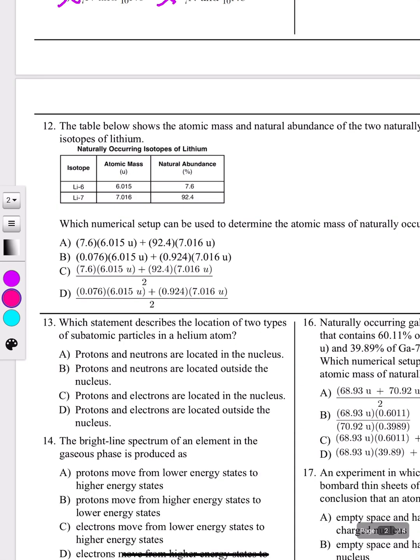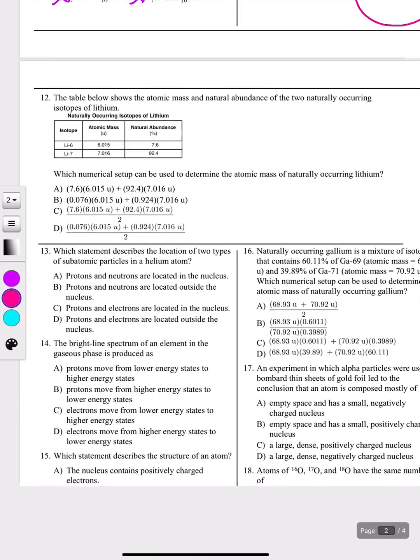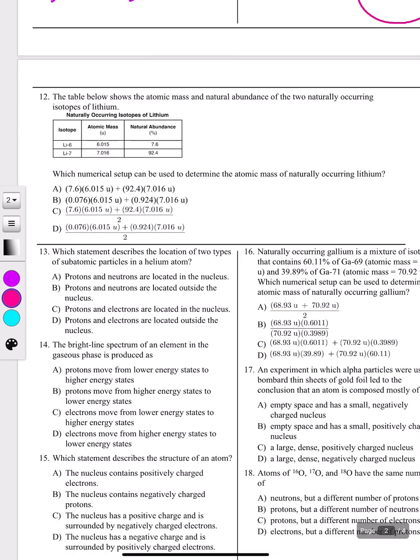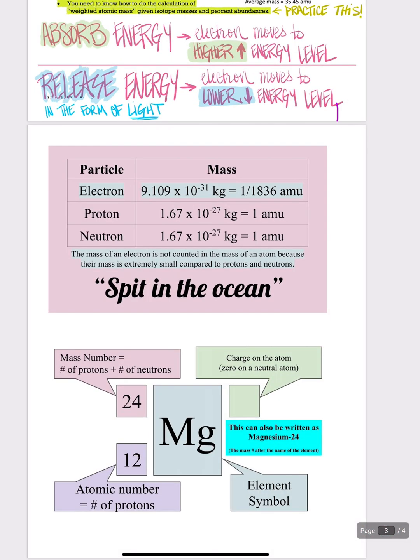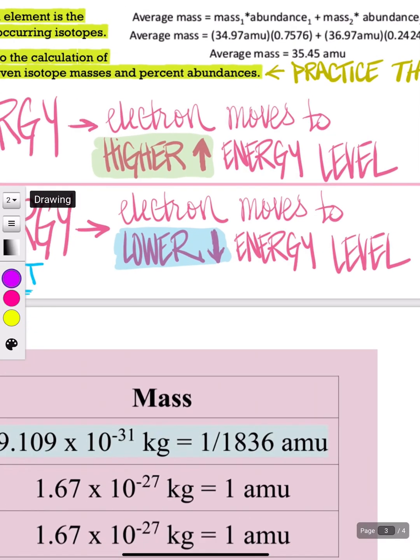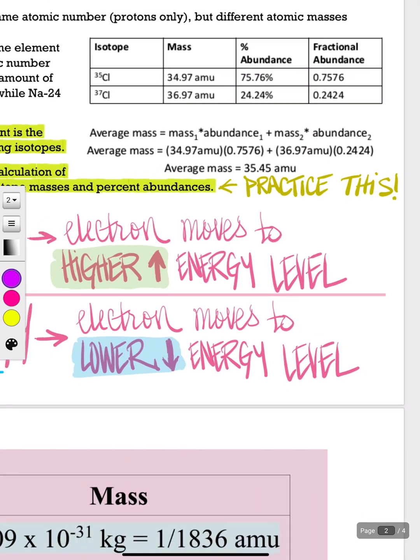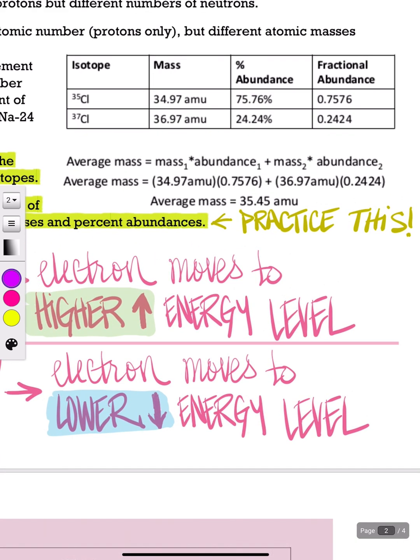12 is asking you if you know how to set up to determine the atomic mass of this example, which in this case is lithium. So here, what you can do is go to the review sheet, and there are two ways to calculate average atomic mass. The one that we used in class is this one.